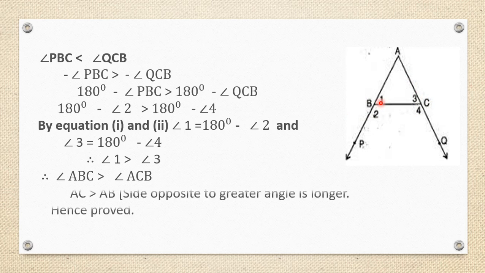We know the side opposite to the greater angle is greater. The side opposite to angle 1, or angle ABC, is AC, and the side opposite to angle 3, that is angle ACB, is AB. So AC is greater than AB.